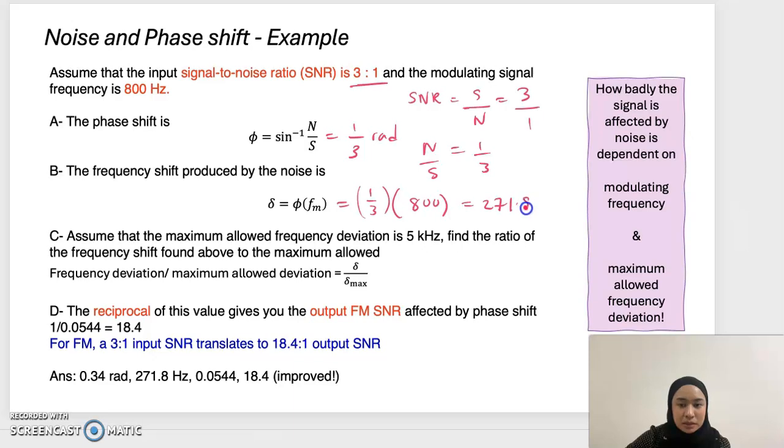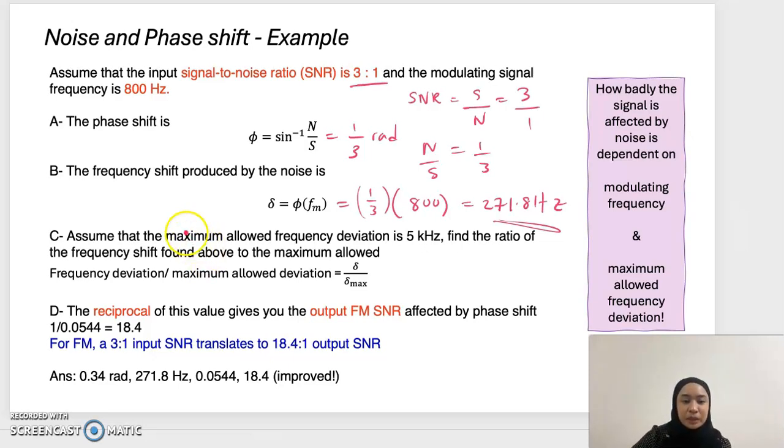I'm looking at the answer down there. Okay, so the noise is introducing a frequency shift from the original frequency by 271.8 hertz.